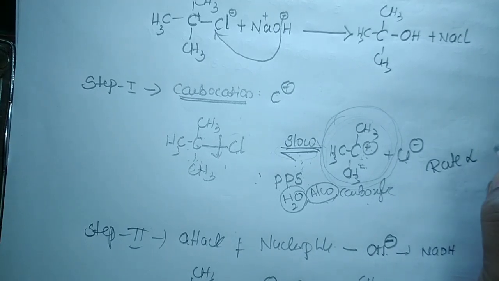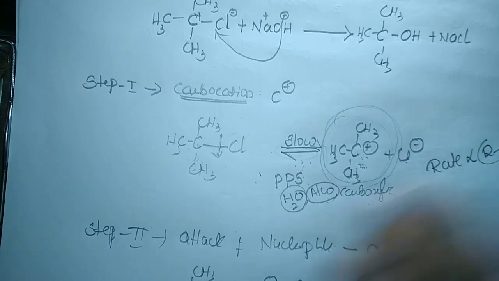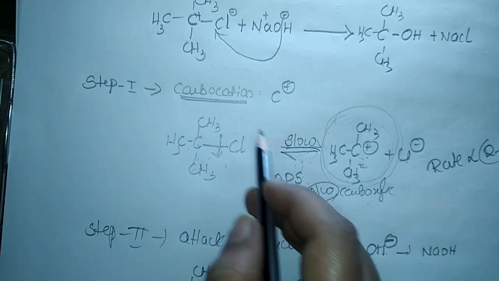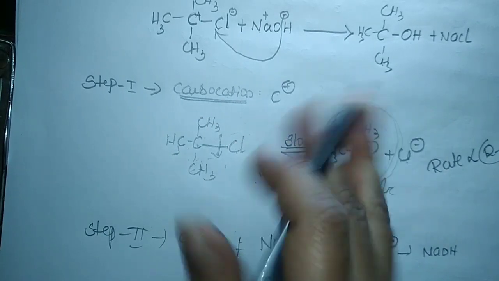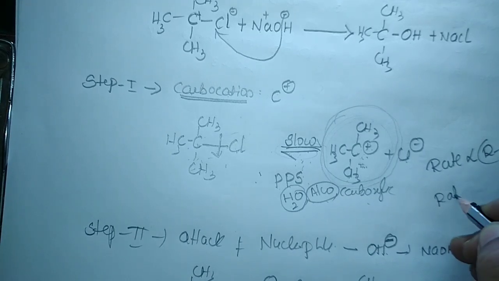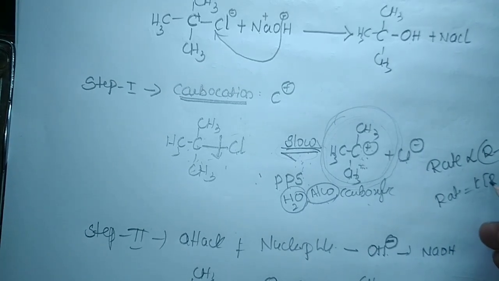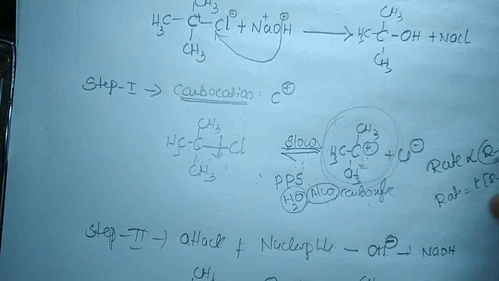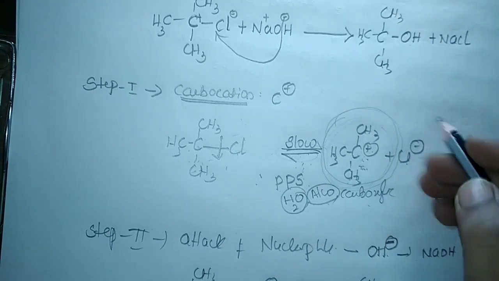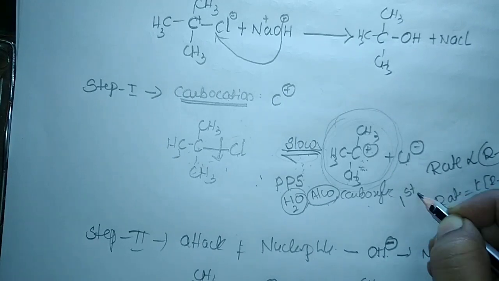So the rate of a reaction is directly proportional to the concentration of what? Concentration of only the alkyl halide, because in the first step only the alkyl halide is involved, no nucleophile. Since the rate of a reaction depends on the concentration of only one reactant, it is first order kinetics.